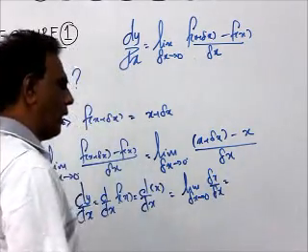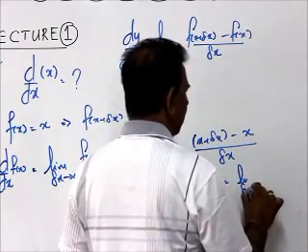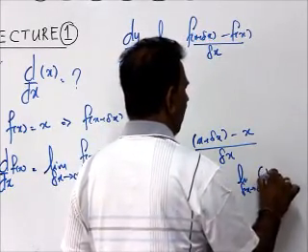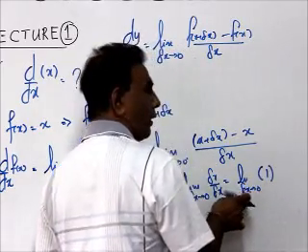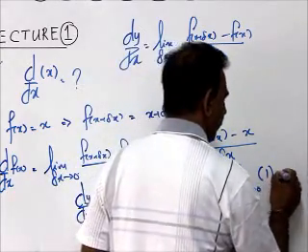Delta x over delta x is 1, therefore the limit as delta x tends to 0 of 1. So 1 is independent of delta x, therefore delta x tending to 0 has no effect on this 1, therefore the answer is 1.